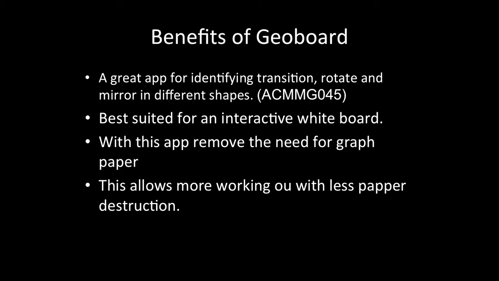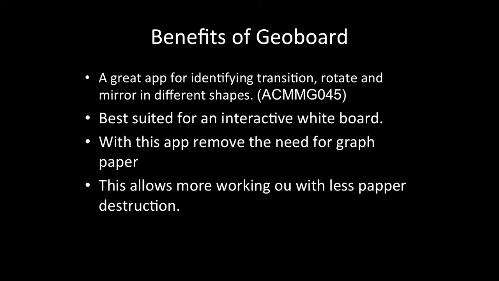There is another app out there like GeoBoard called GeoGebra, but I found GeoGebra to be a little bit too difficult to follow personally. Therefore, I feel that it is also very difficult for children to follow, whereas GeoBoard's a lot more simple and easy.